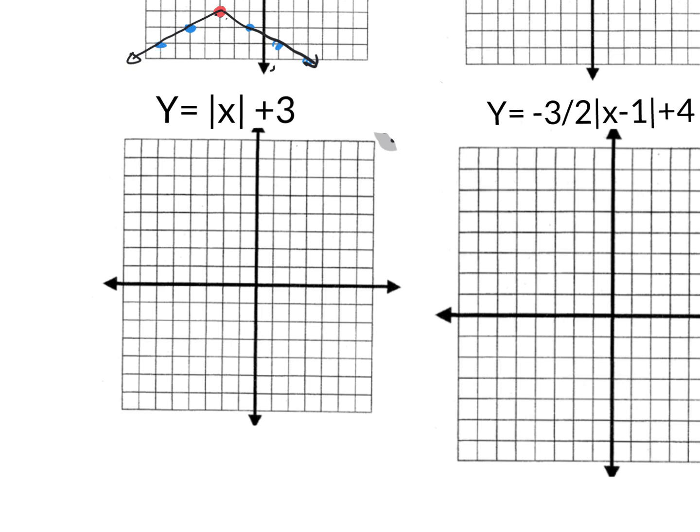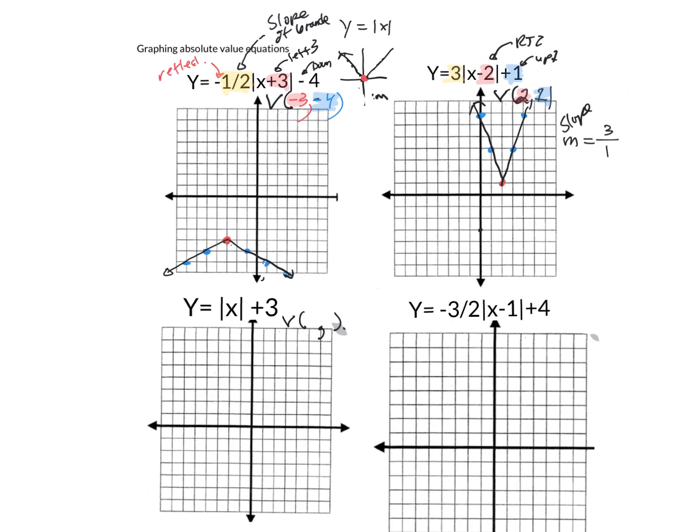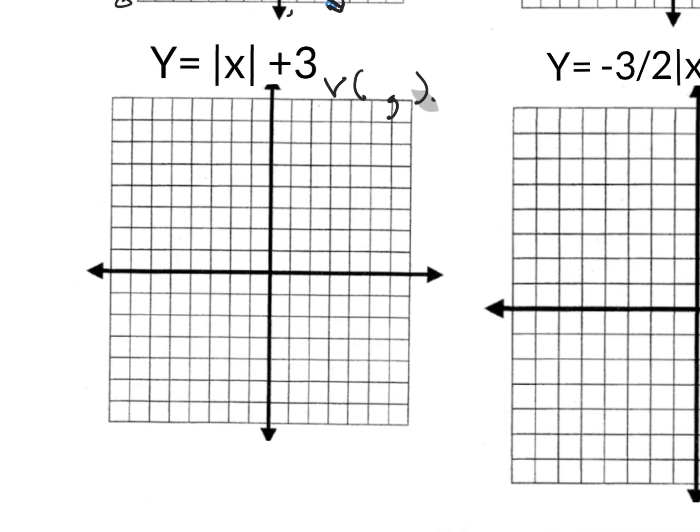Notice on this one, we're not shifting left or right at all. We want you to write the vertex just like this on your paper. So we want you to identify the vertex of each graph and then graph it. There is no shifting left or right, so all we're doing is moving it up 3. Remember the parent graph is sitting at (0, 0), so we're basically just moving this parent graph up 3 units.